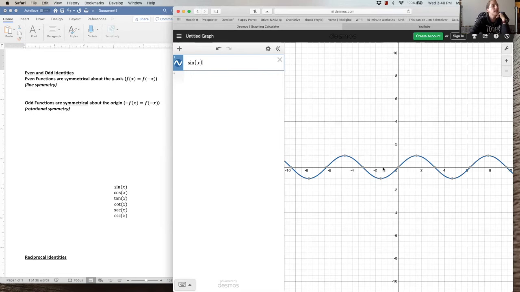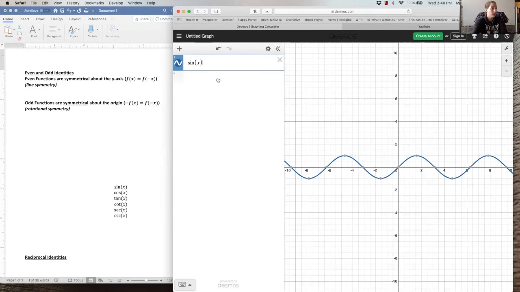Our sine function, the easiest one visually, I think, to check is y-axis symmetry. In other words, is this symmetrical about this line? No, it's clearly not. If I were to fold it in half, the two halves would not match up. Now origin symmetry. We can try and visualize it: if I spin this 180 degrees, is that going to look the same? I think it is.